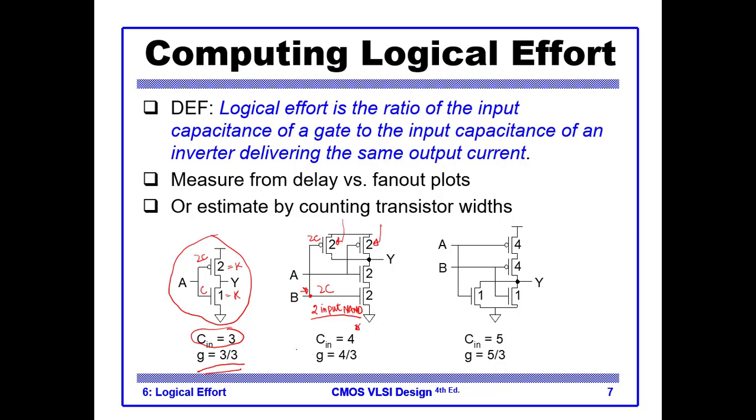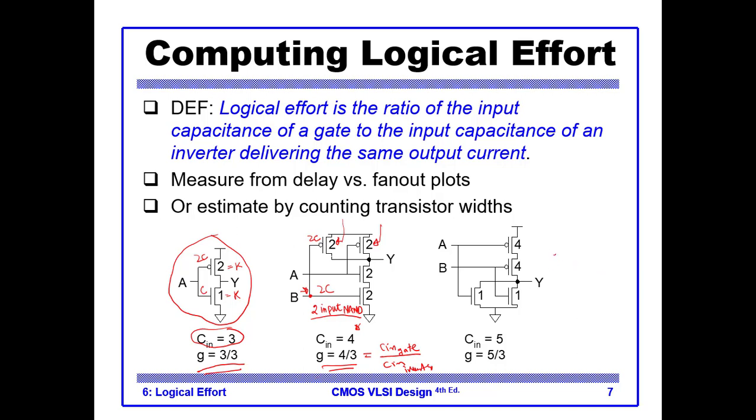And what is my Cn for inverter? So basically G is Cn of the gate divided by Cn of the inverter. So it is 4 by 3. Okay, I hope it is clear.